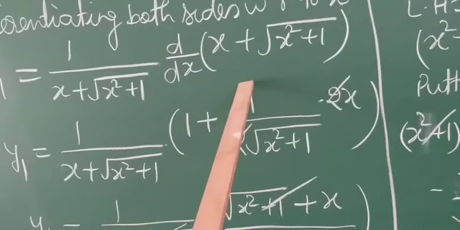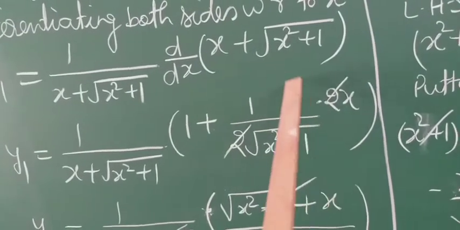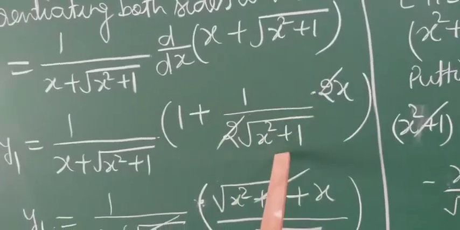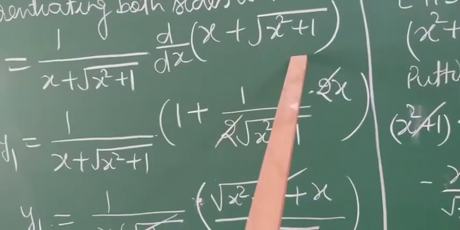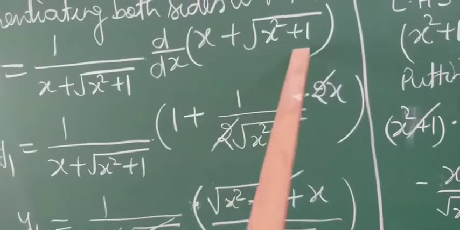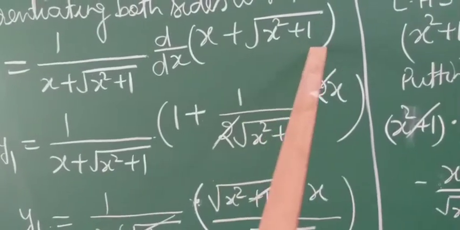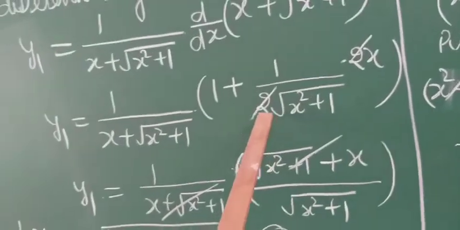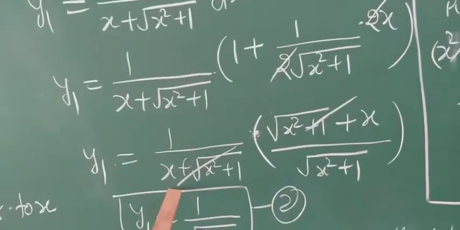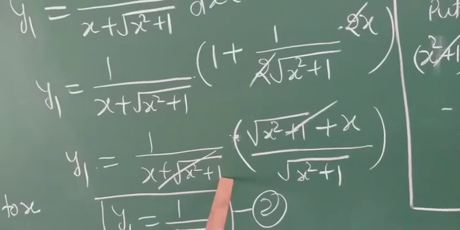That's why the derivative is 1 upon 2 root (x square plus 1). Now student, we have to find the derivative of x square plus 1: 2x plus 0 means 2x. The 2 cancels.